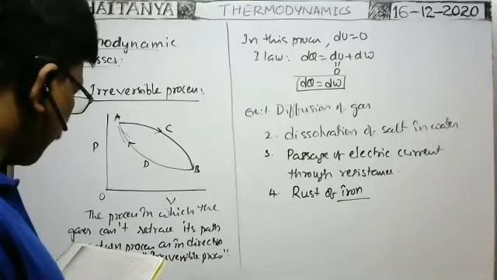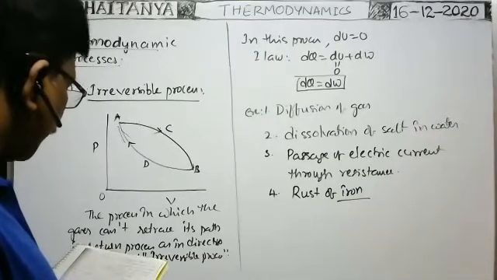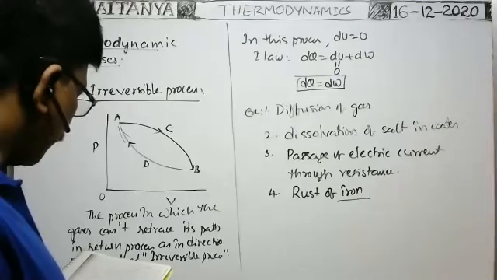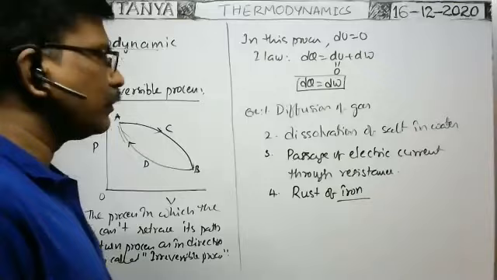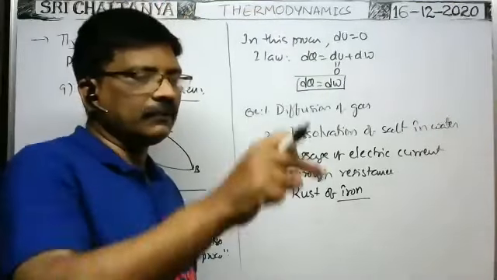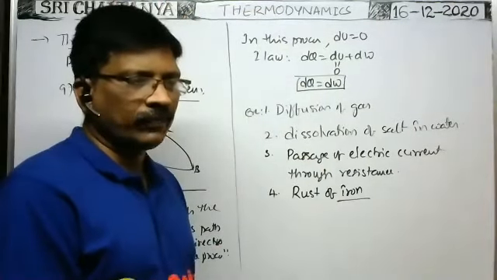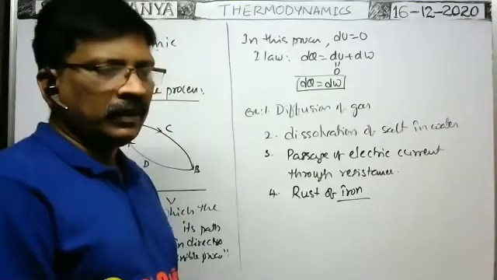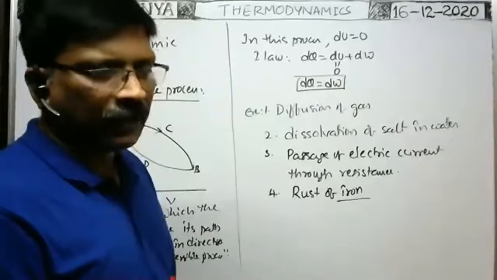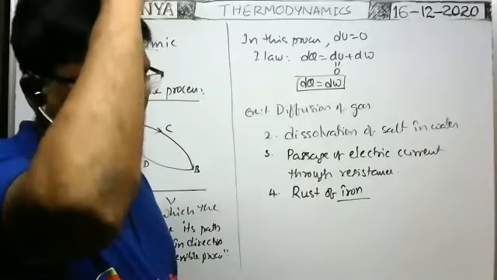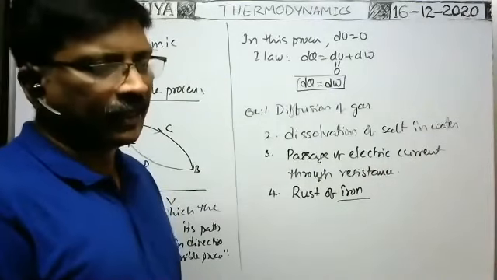Sudden expansion, sudden compression of the gas. Rainfall: whenever raindrops are falling, they lose potential energy. After striking the surface of the earth, they cannot go up from the surface of the earth again.